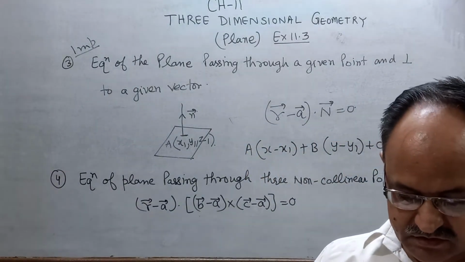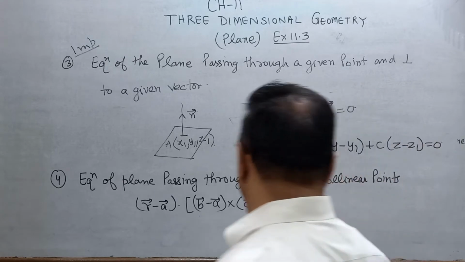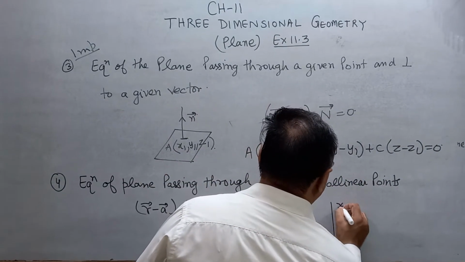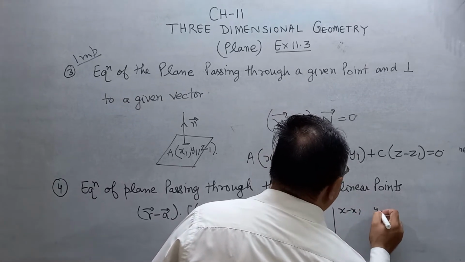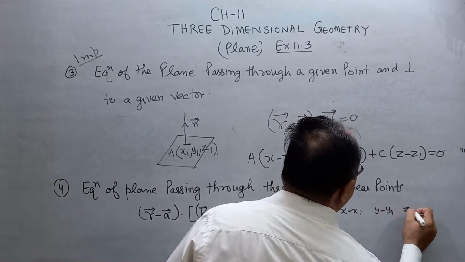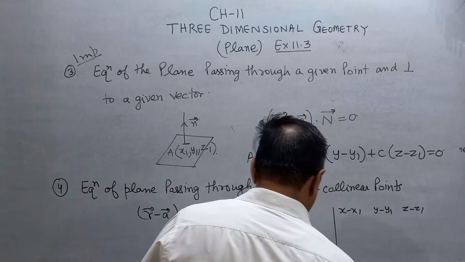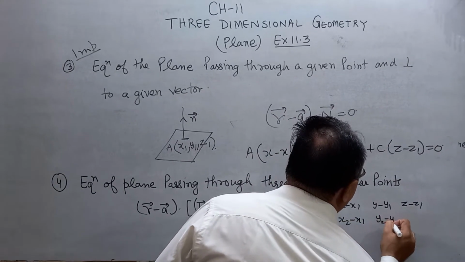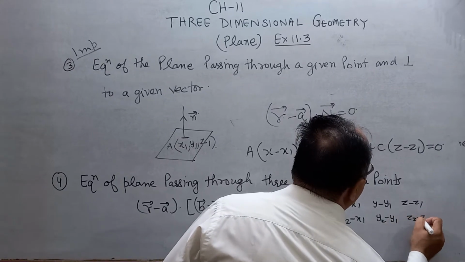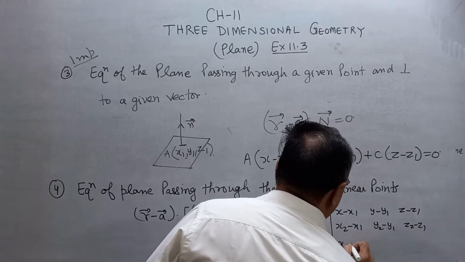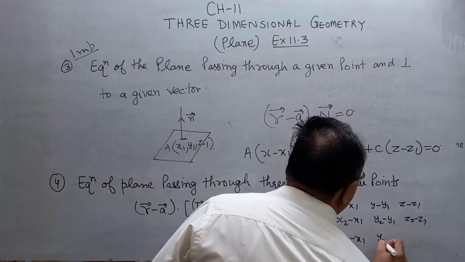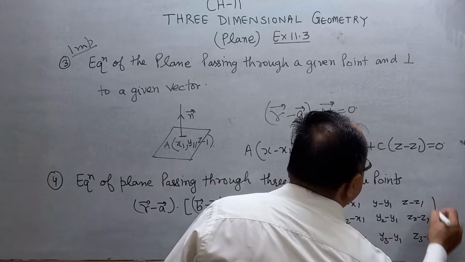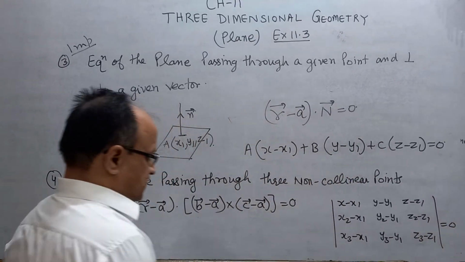Now the Cartesian form: determinant with rows x minus x1, y minus y1, z minus z1; x2 minus x1, y2 minus y1, z2 minus z1; x3 minus x1, y3 minus y1, z3 minus z1, is equal to 0.